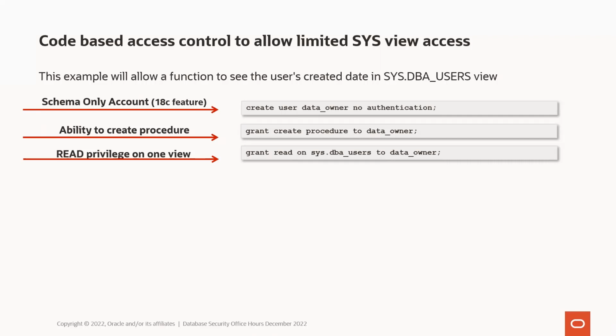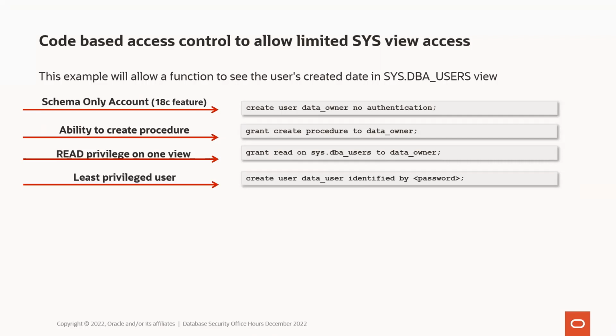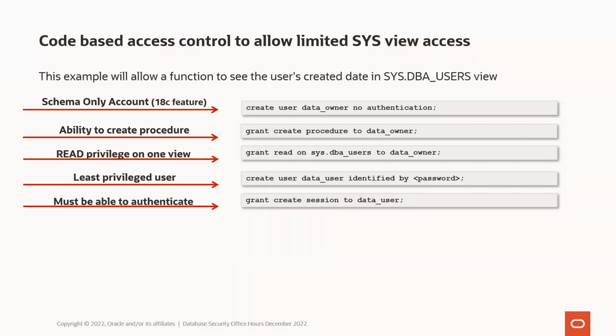But for this use case, we're going to give it read, and then we're going to create a user that is going to be our data user, who's going to execute this privilege and be able to access the results of it. But really, the only privilege that that data user has is the ability to execute the function when we create it, and then connect to the database.